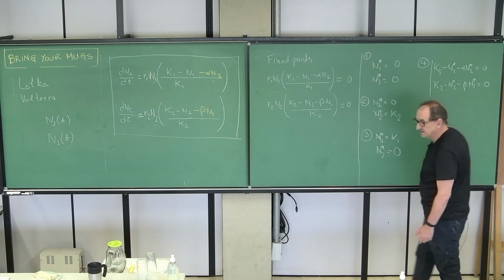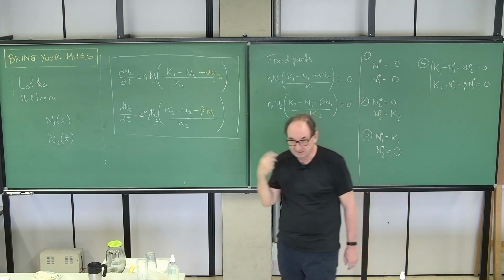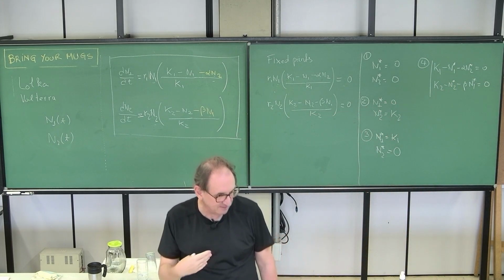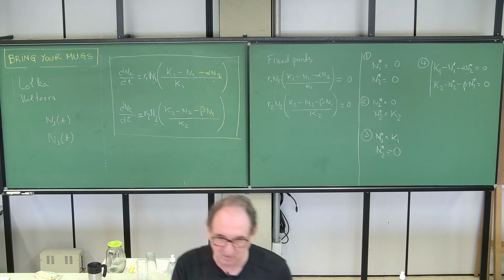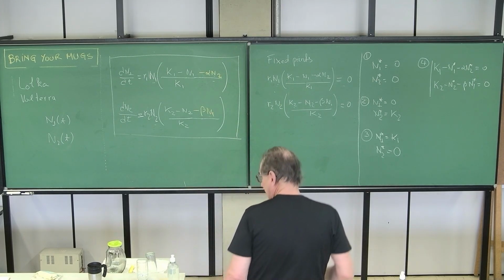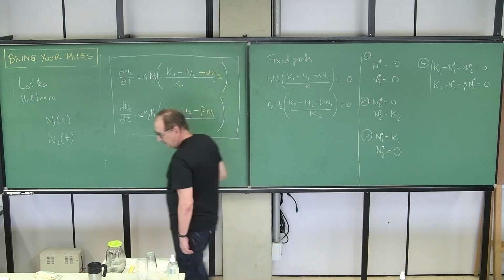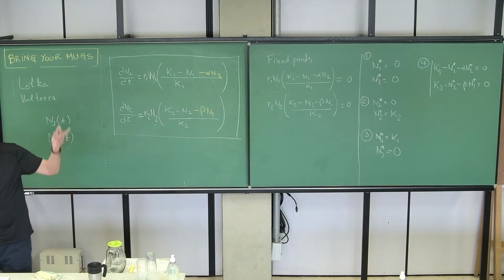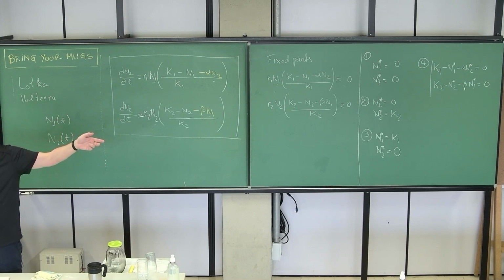This is a linear algebraic system that everybody knows how to solve. You just eliminate n1 in terms of n2, and then plug it in the other equation. You get an equation only for n2. You solve it, and then you get back to n1. I don't want to spend my time doing this algebra.